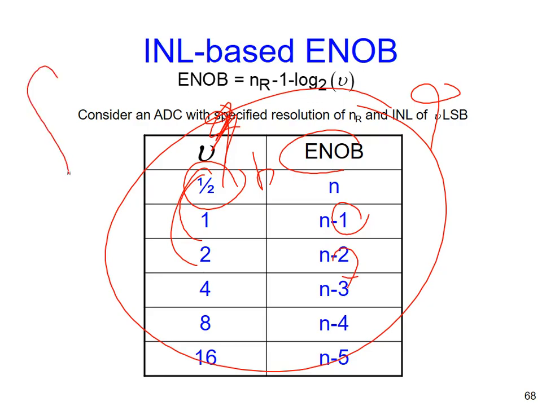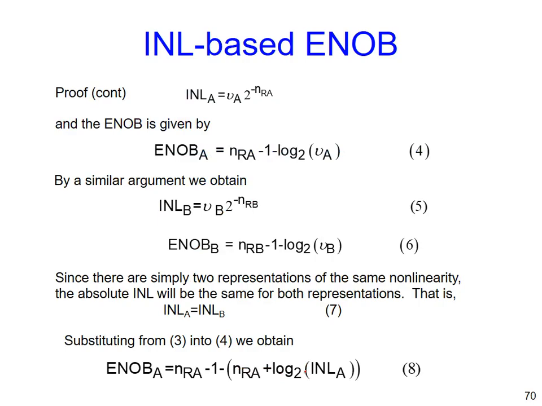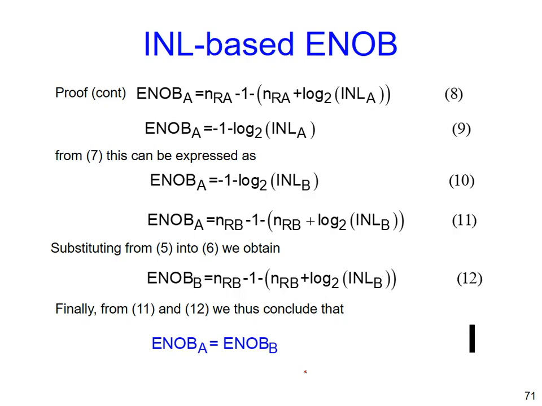Because if you can reduce it, you get more bits. If you cannot, you lose some bits. That's it. Okay? Anyway, never mind what kind of definition you have. This is some kind of more complicated derivation, but anyhow.